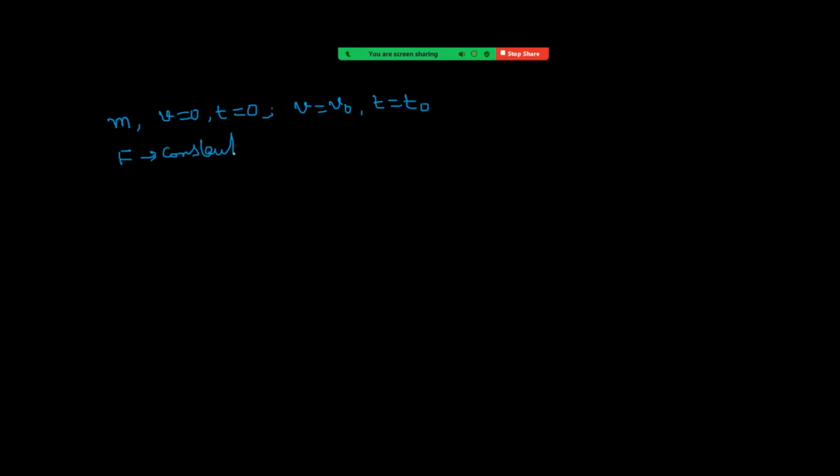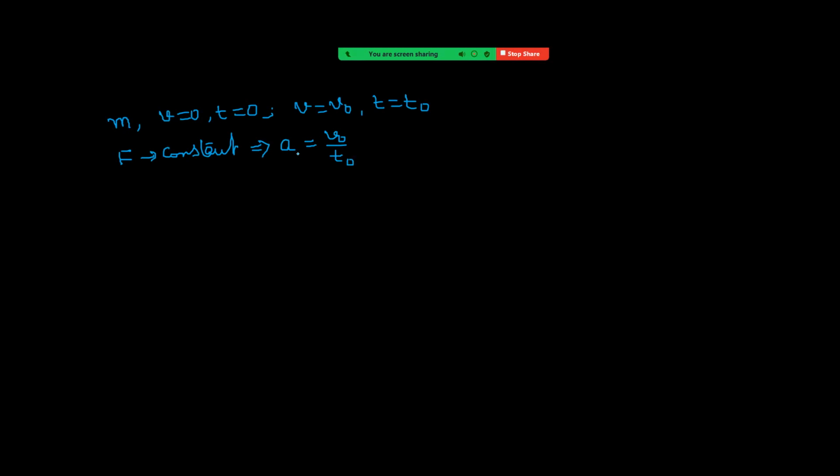Force a constant means acceleration is also constant. In that case, modulus of acceleration equal to modulus of average acceleration. Both are same. And average value is given by change in velocity by time interval.